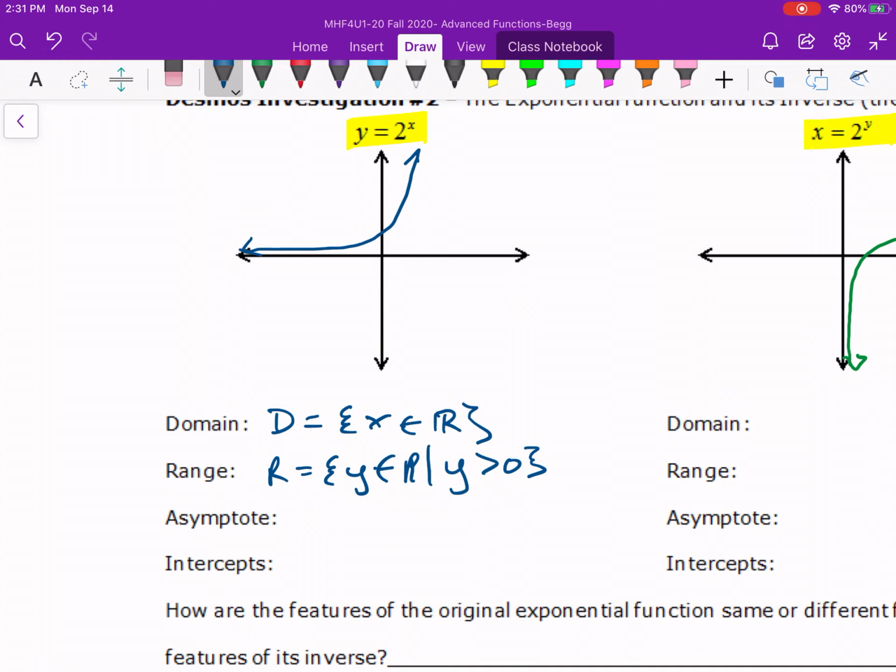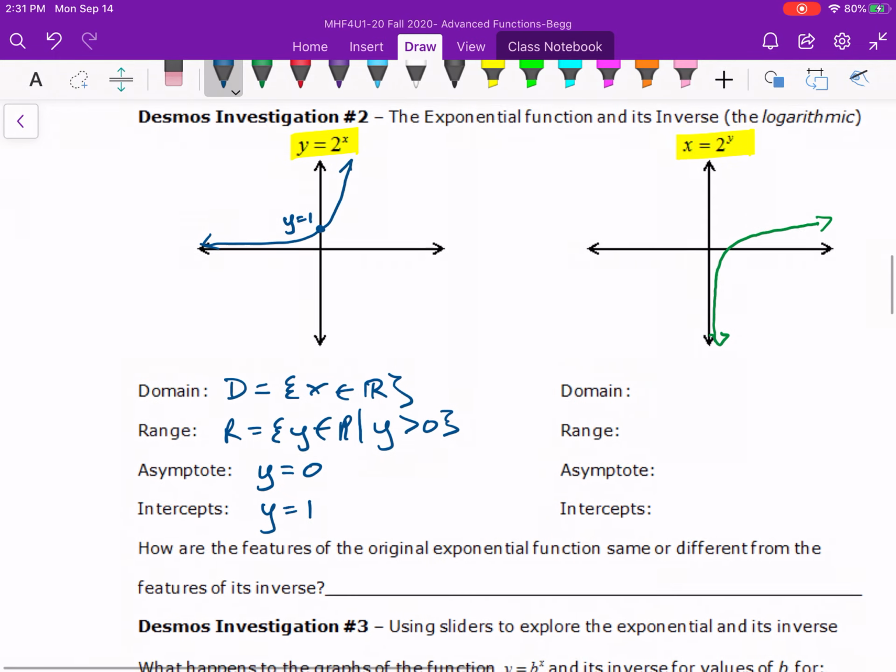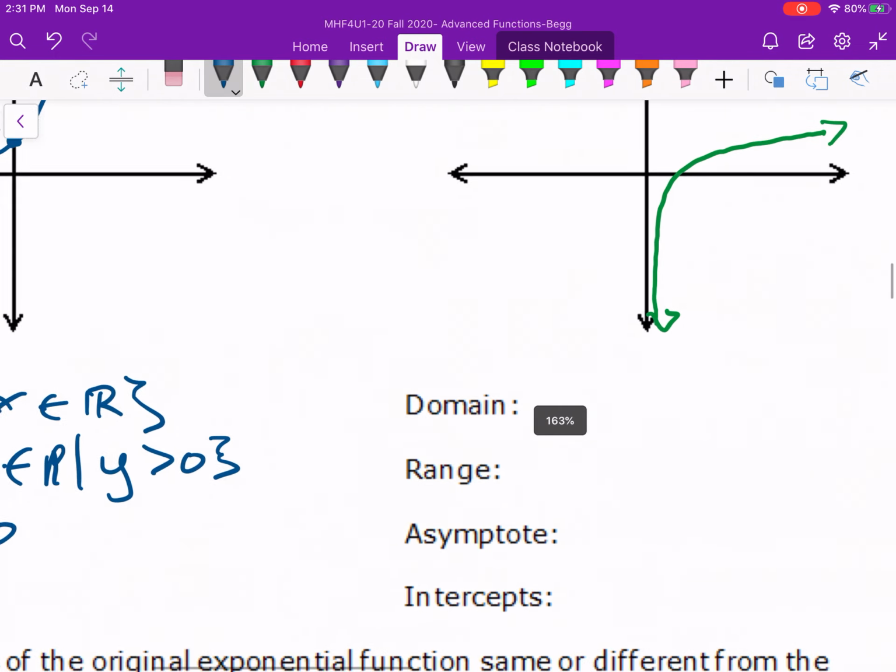The asymptote is a horizontal one, y equals 0. Intercepts, yep, y-intercept at y equals 1. Okay, so I want to do the other one first to compare them.